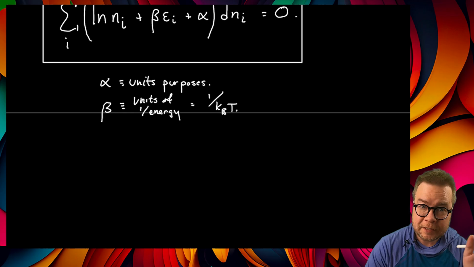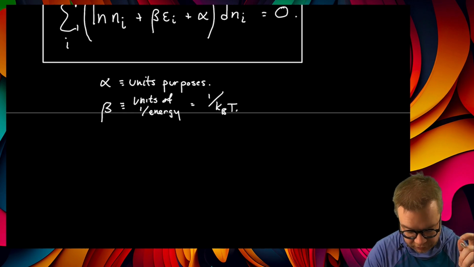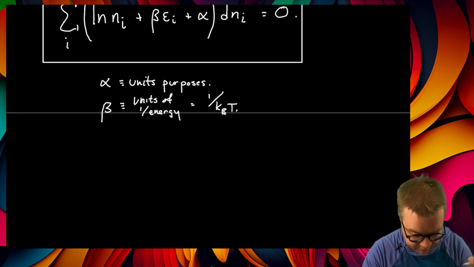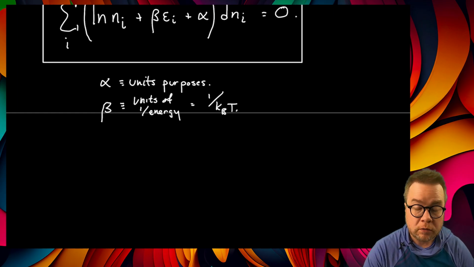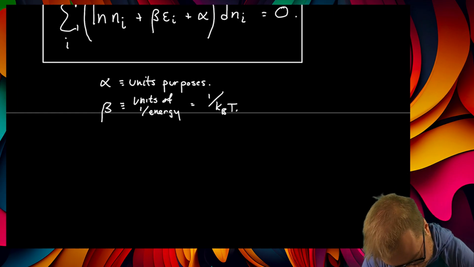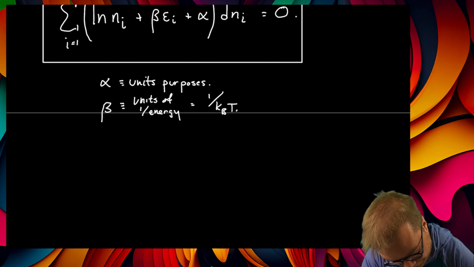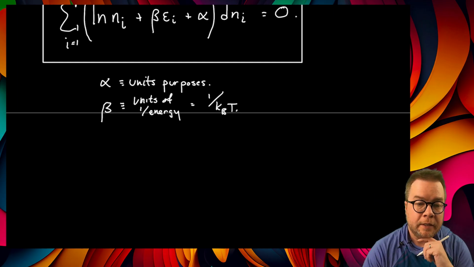So that's important. Now let's just write out the first few terms of the summation to get a feel for what it looks like. Let's remind ourselves this summation goes from I equals 1 to m.